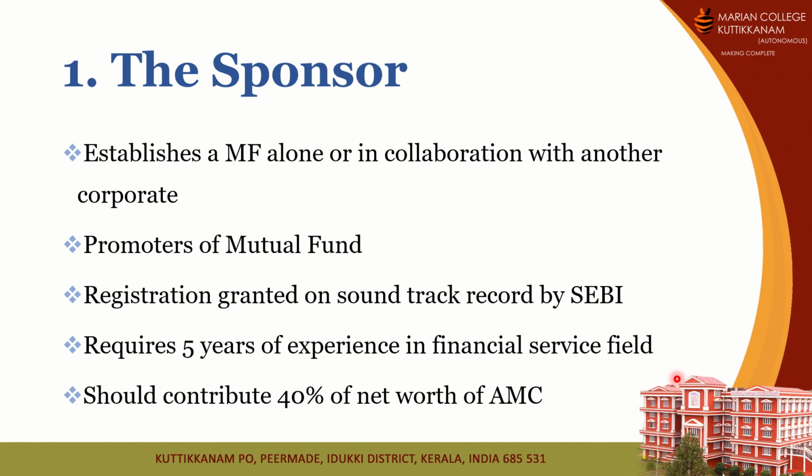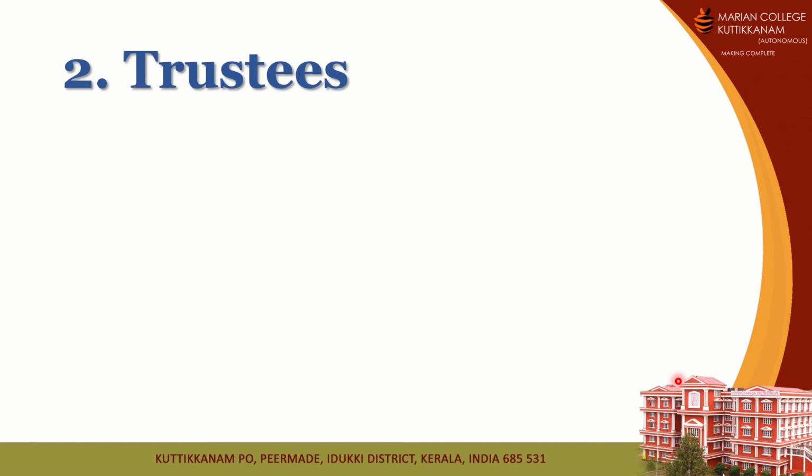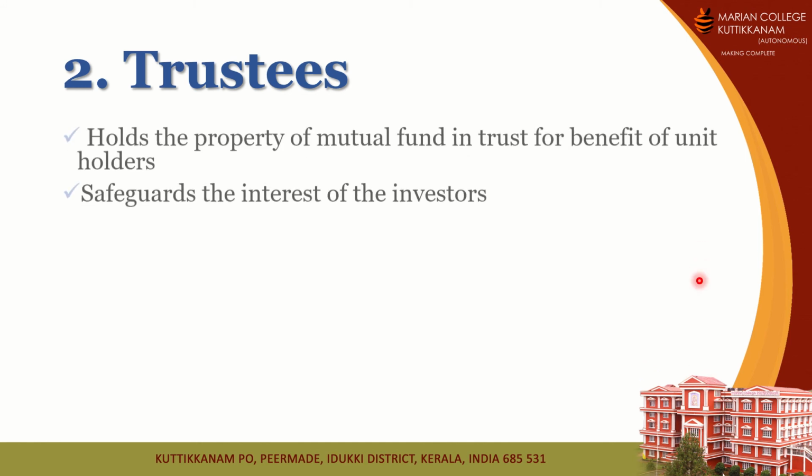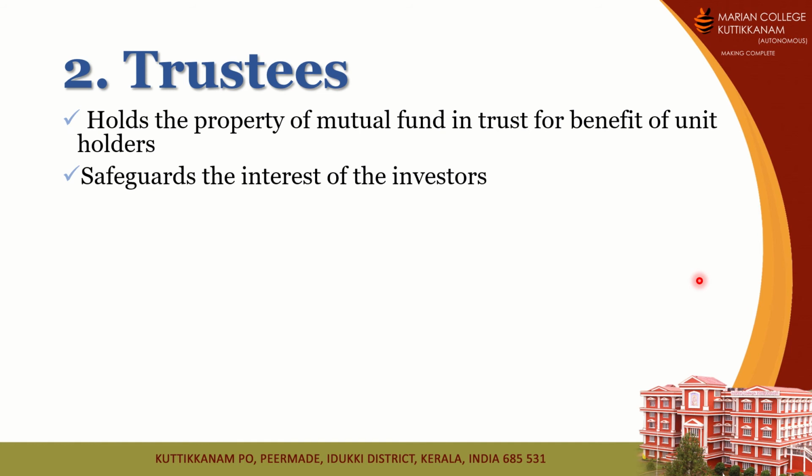Now let's move to the second tier of this structure of mutual funds, which is known as trustees. So what is the main function of a trustee? The trustees hold the property of the mutual fund in trust for the benefit of the unit holders.